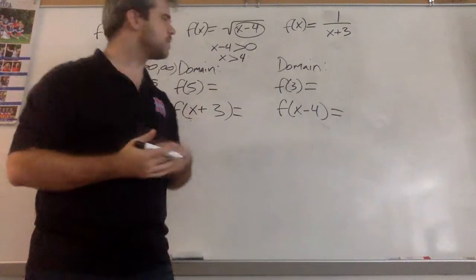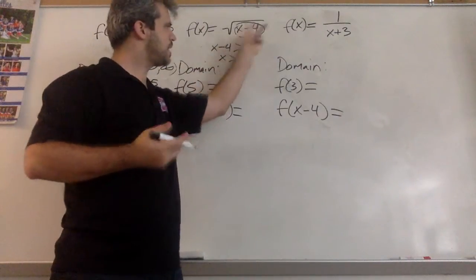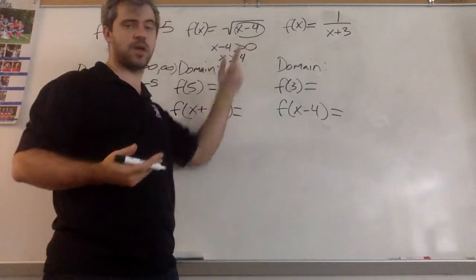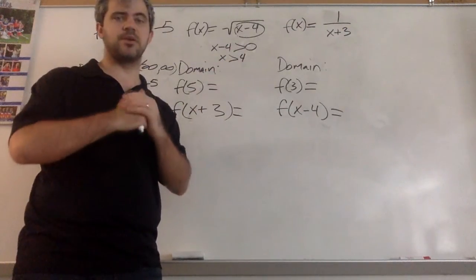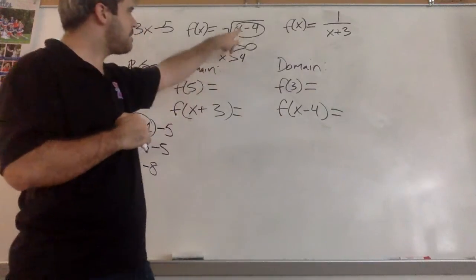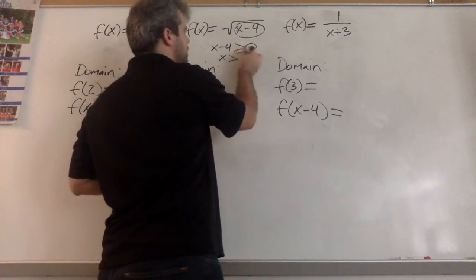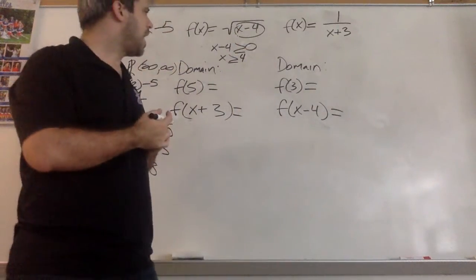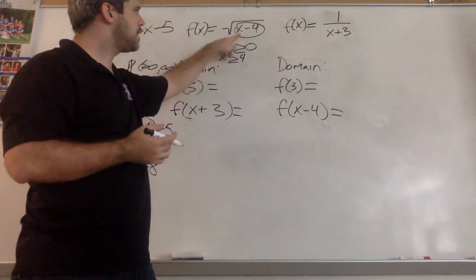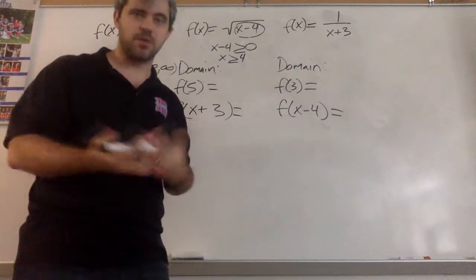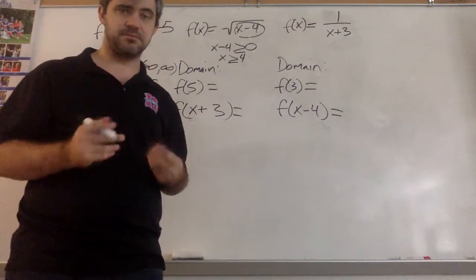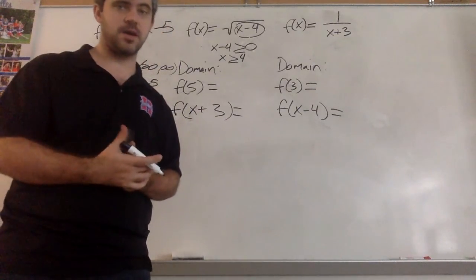So I want you to think through this again. We know that this value right here has to be positive. It has to be greater than 0. So as we solve this, we see x is greater than 4. And that makes sense. Greater than or equal to 0. Because what's 4 minus 4? Well, it's 0. So 4 is fine. Anything bigger than 4 is fine.